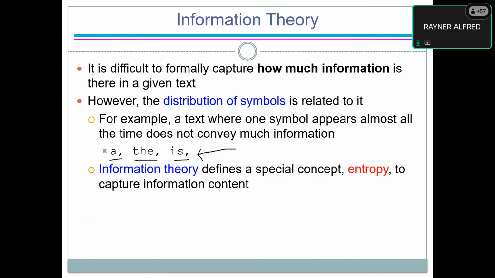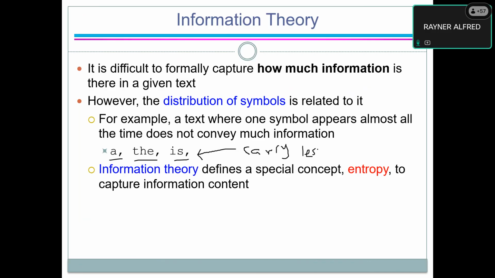When a certain term appears very frequently in your document, it cannot be used to retrieve the document because that term is not unique anymore. So in other words, this term carries less information.